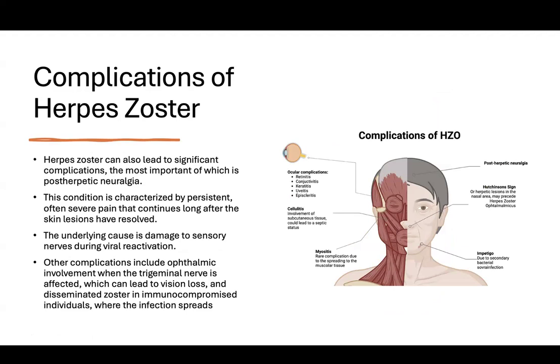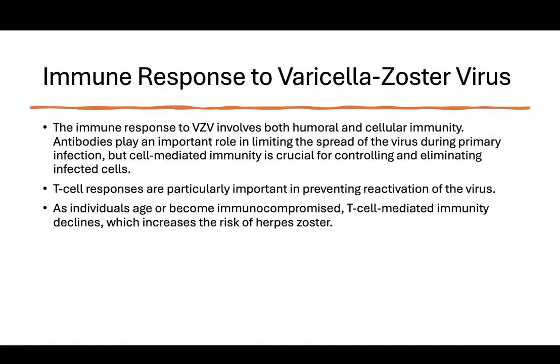But in general, if you're immunocompromised, other than postherpetic neuralgia, the virus is going to spread into other nerves, specifically your ocular nerve, which can cause the loss of vision. So it has other complications in general as well. What we see with people that are immunocompromised is that T cell responses are extremely important in preventing the reactivation of the virus.